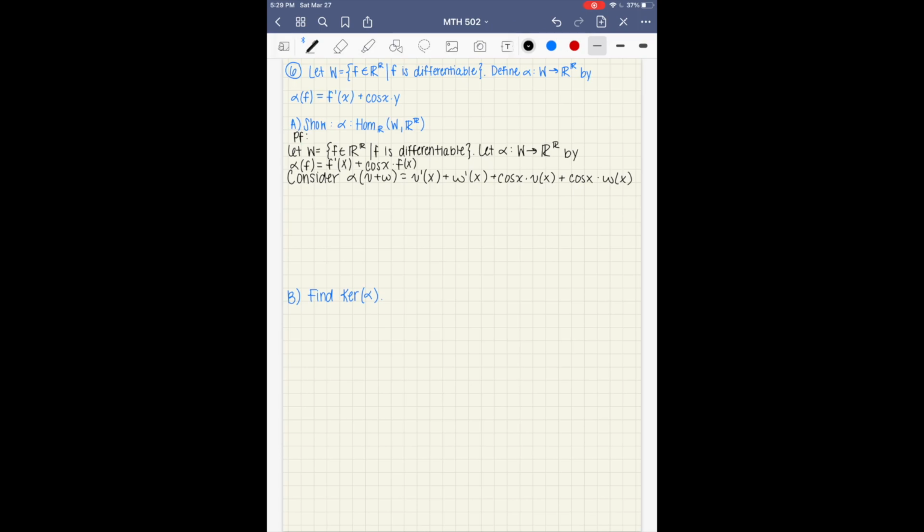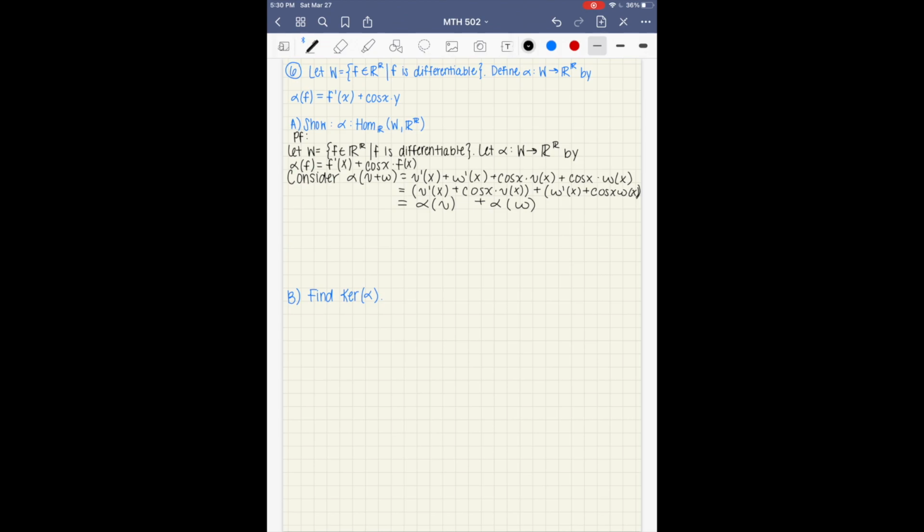If we just rewrite this and group our v's with our v's and our w's with our w's, we get v prime x plus cosine x times v of x plus w prime of x plus cosine x w of x. So then we can see that this is just saying alpha of v plus alpha of w.